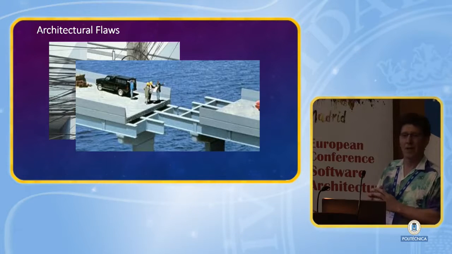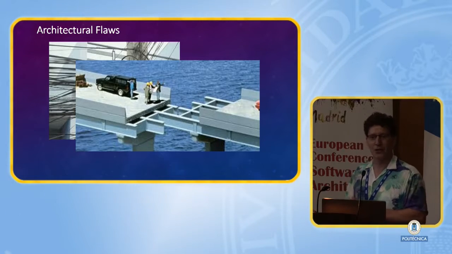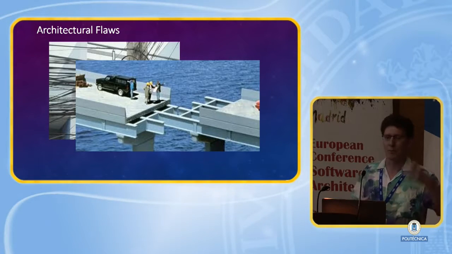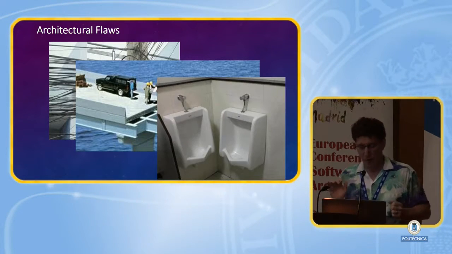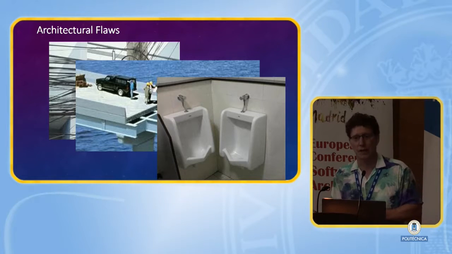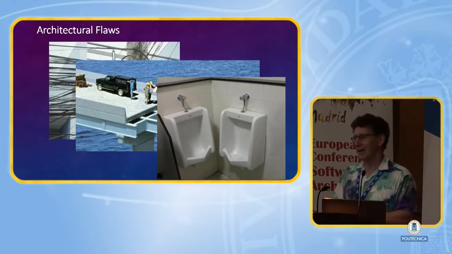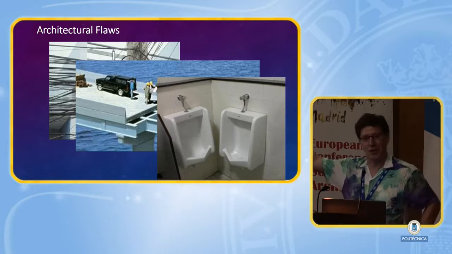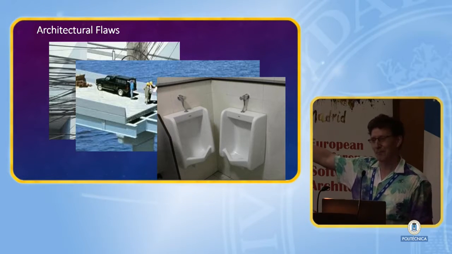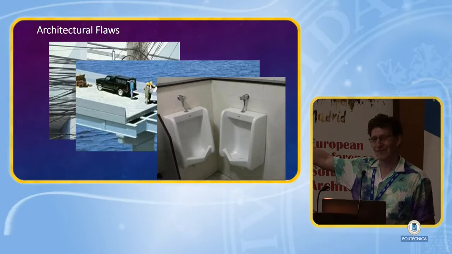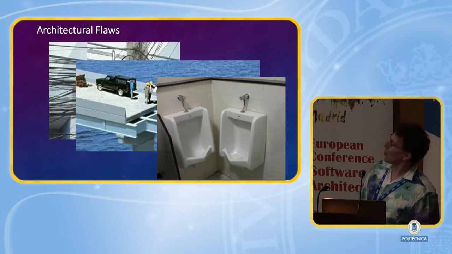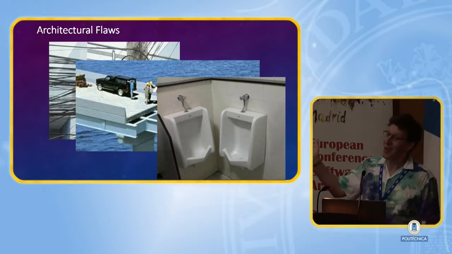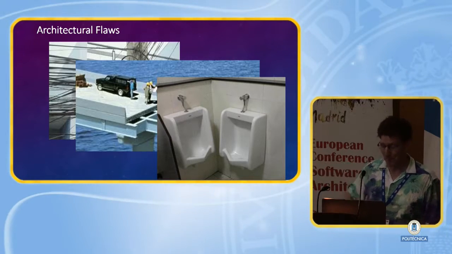There are interface mismatches or mismatched expectations, mismatched assumptions from one part of the system and another. There are designs where context really was not carefully considered. This is a picture that I took at ICSI in Argentina. So this isn't a joke. This is a real men's room. Somebody designed this, right? Or it evolved.